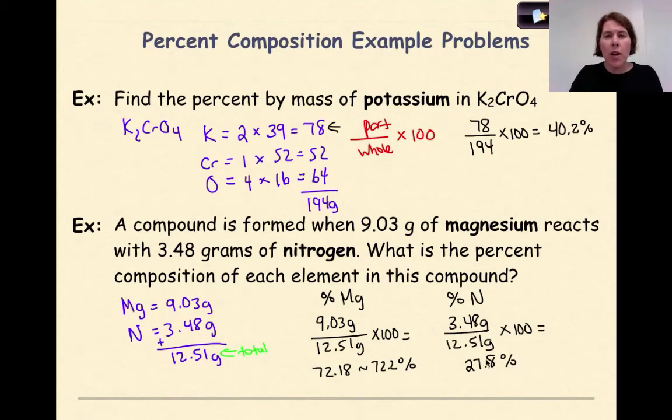Now the reason that I went out 1 decimal place here and 1 decimal place here is because if I add these together, in a perfect world, I should get 100%, and that's a nice check to make sure that I've done all my math correctly. 2 different ways of doing percent composition problems. On the Regents exam, it's much more common to find an example like this where they give you a compound and they ask to find the percentage of one of the elements that are involved with the compound.